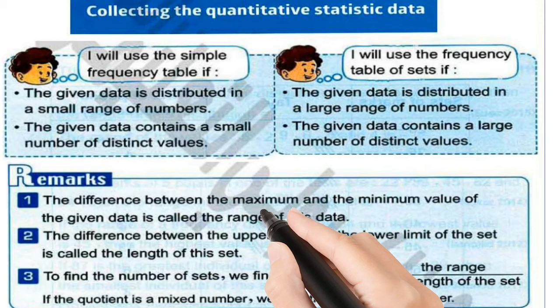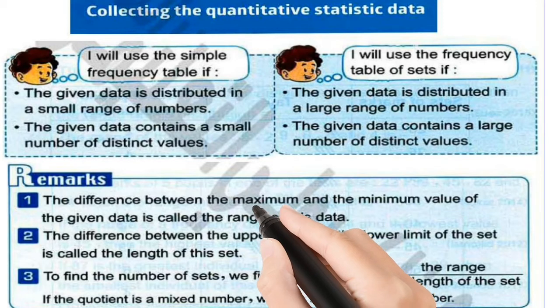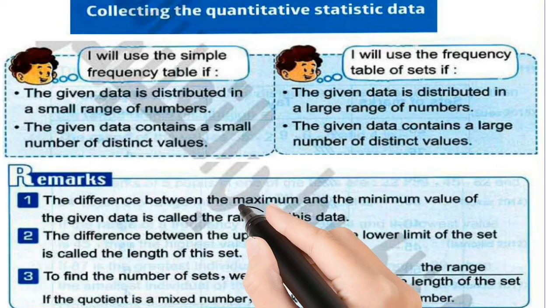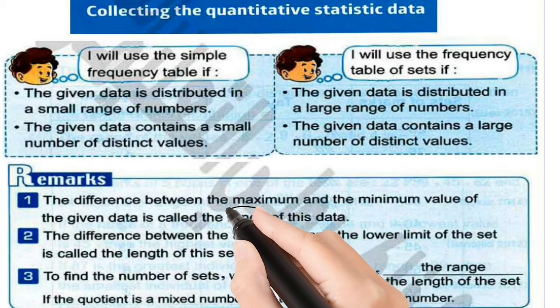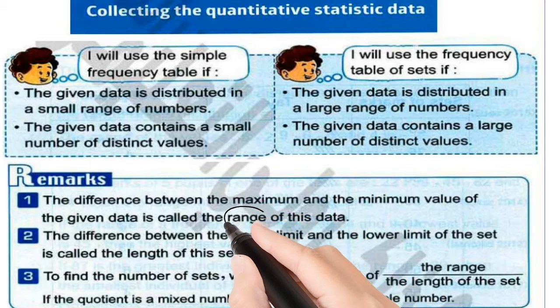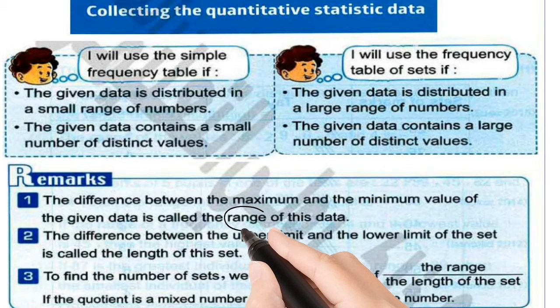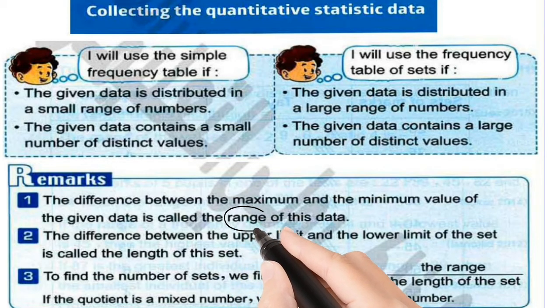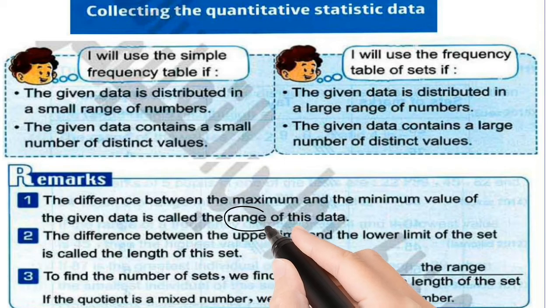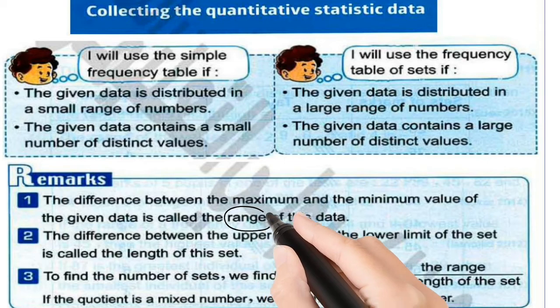And now let's talk about collecting the quantitative data. We can use the simple frequency table if the given data is distributed in a small range of numbers. But if the given data is distributed in a large range of numbers, we will use the frequency table.